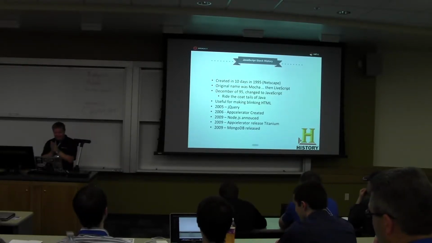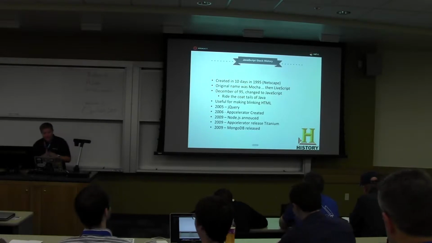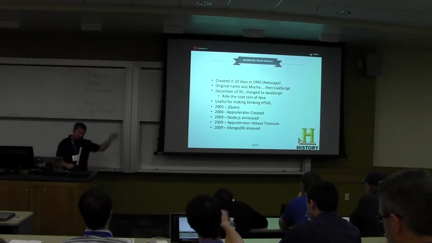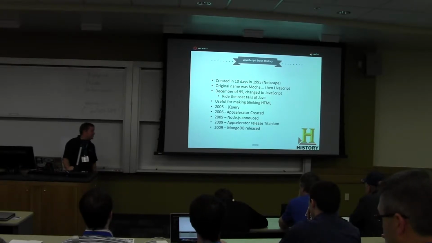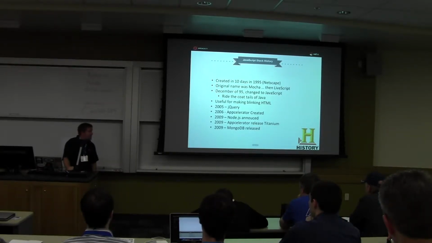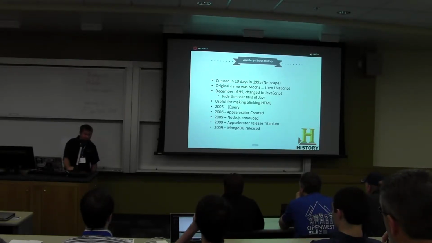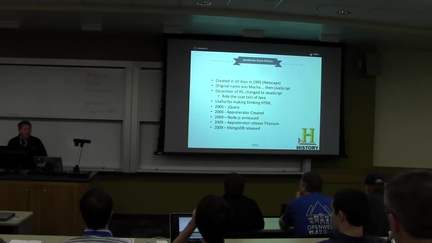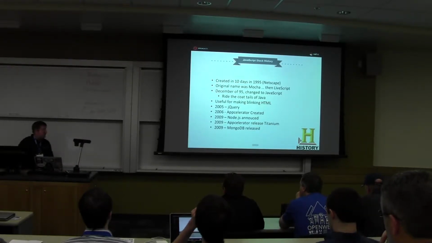All right. In 2009, MongoDB was released by a company called 10gen, where Matt, who was doing a talk before me, works now. He went over there a couple of months ago. What's interesting is 10gen, who created MongoDB, was originally a cloud platform-as-a-service company, kind of like Google App Engine, OpenShift, Heroku.